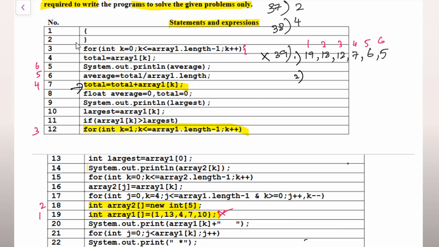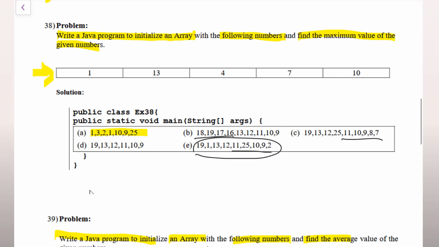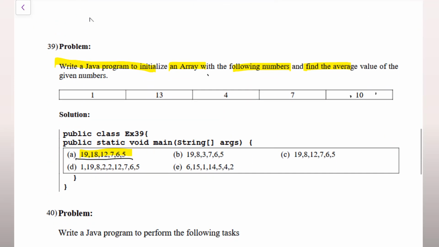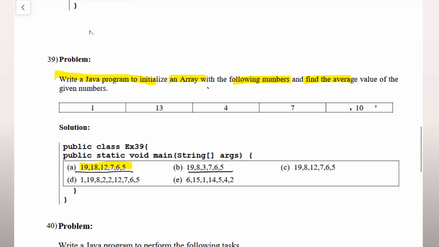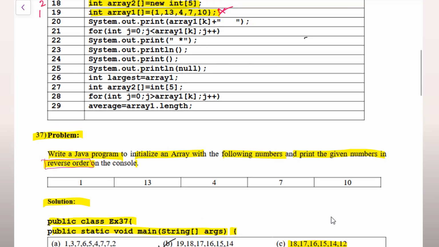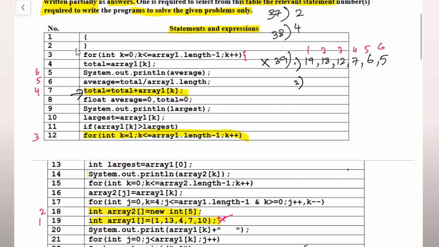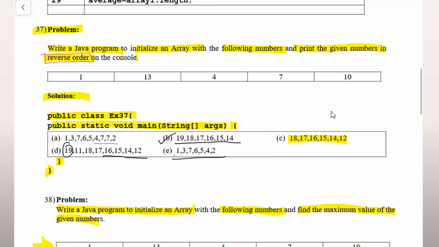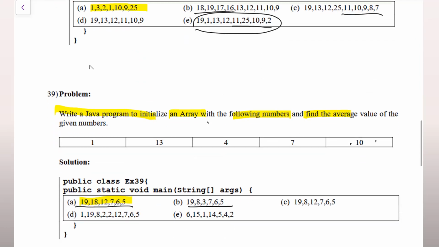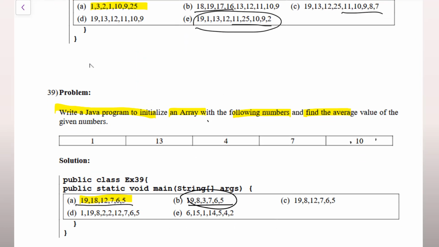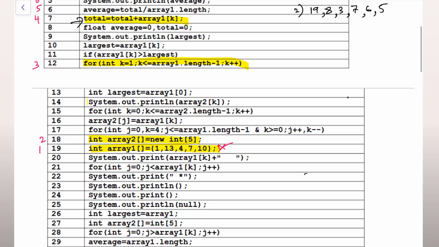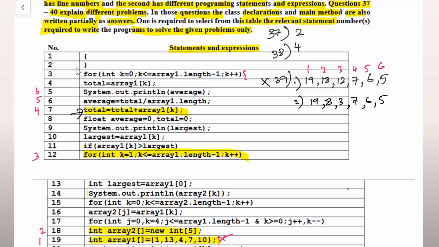Let's go to option 2. 19, 8, 3, 7, 6, 5. Okay, let's run this again.